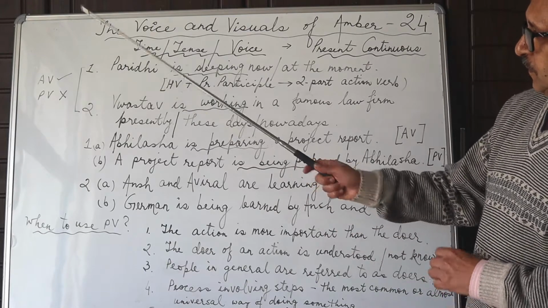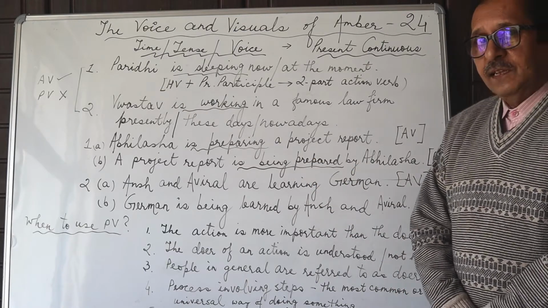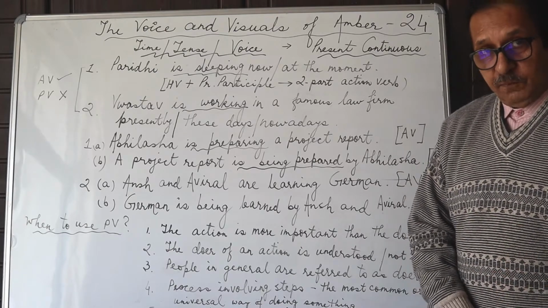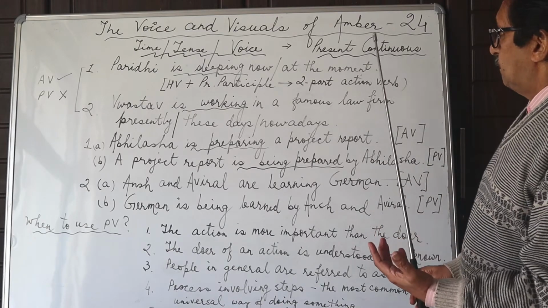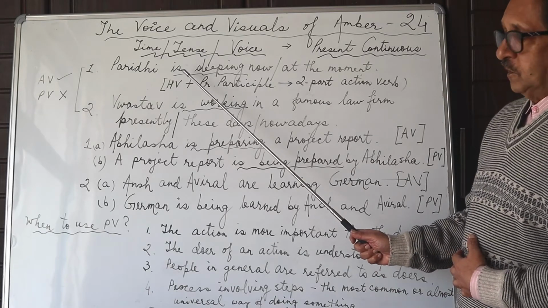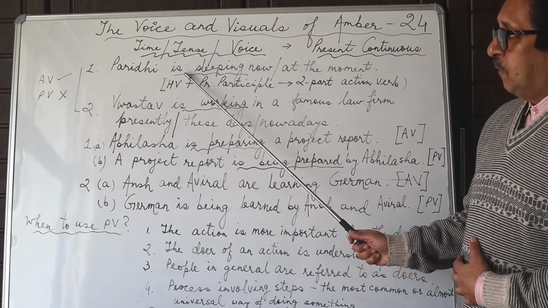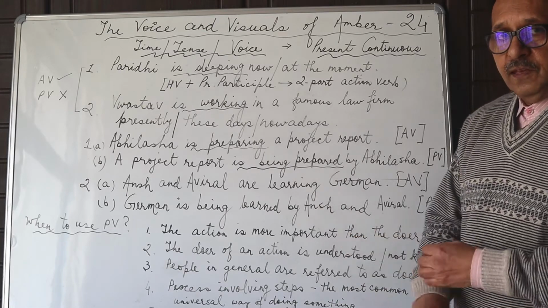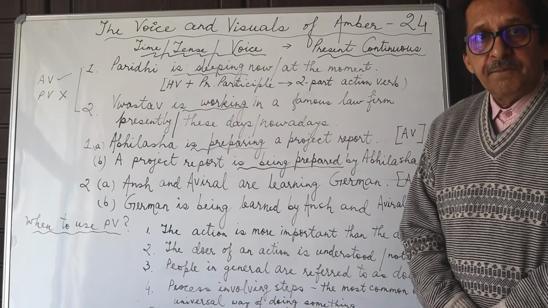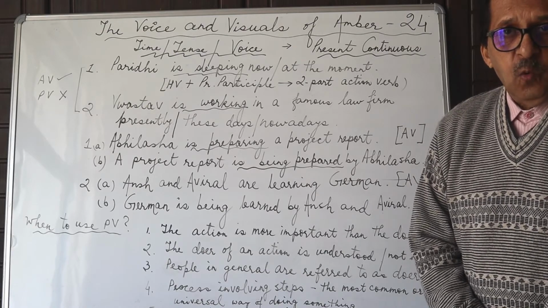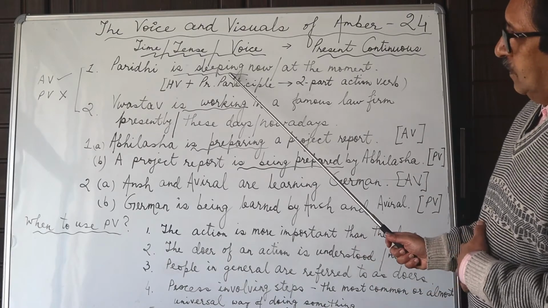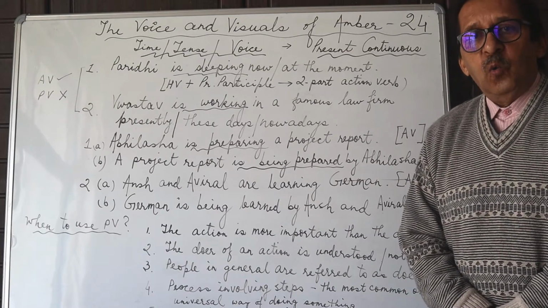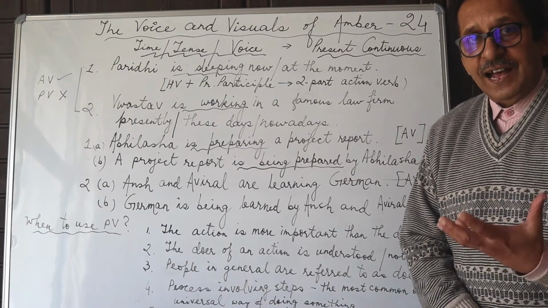Let's read the first one. Paridhi is sleeping, now, at the moment. So when do we use the present continuous? The present continuous is formed by the helping verb, that is, am, are, was, were, plus the present participle, that is the action word plus ing.